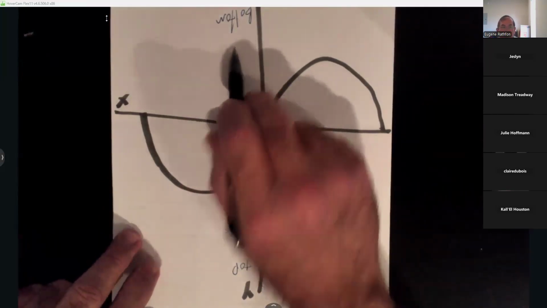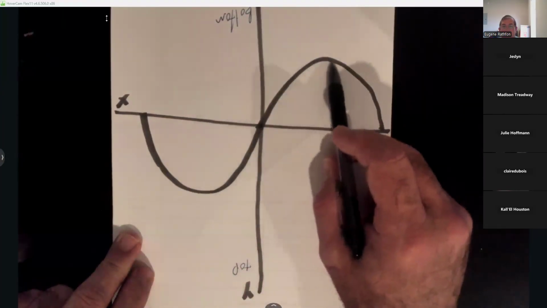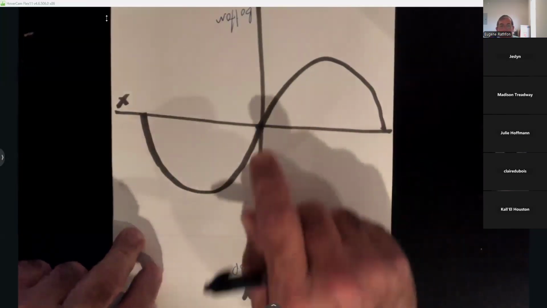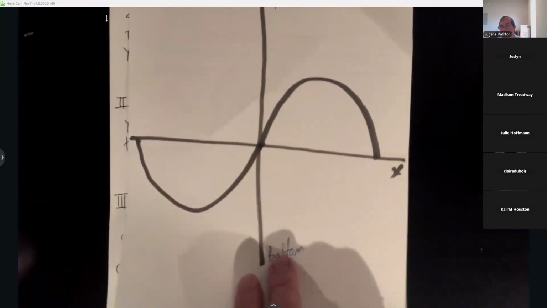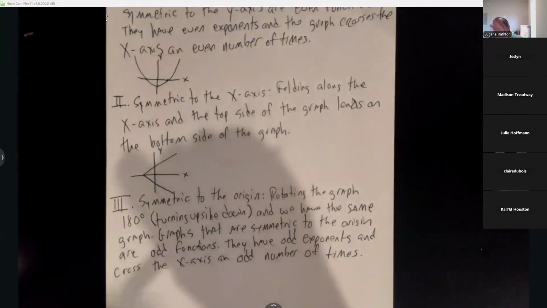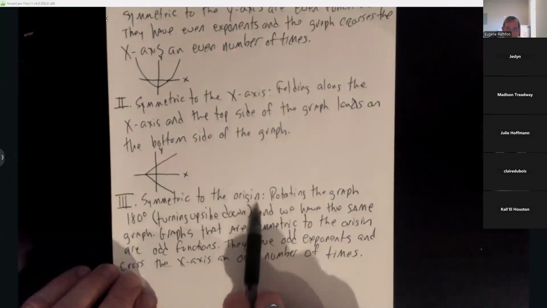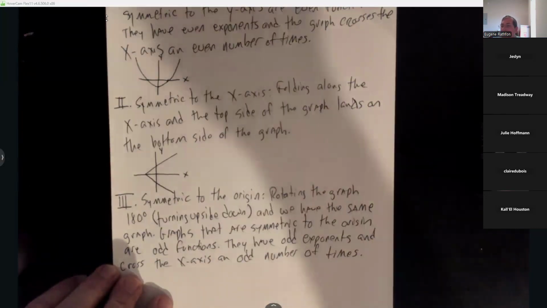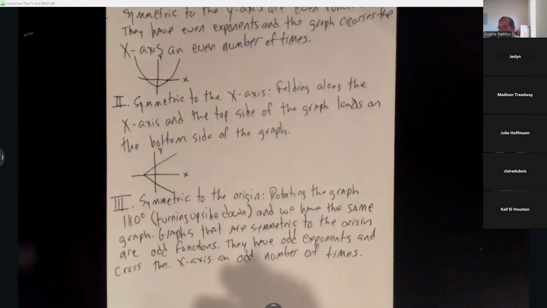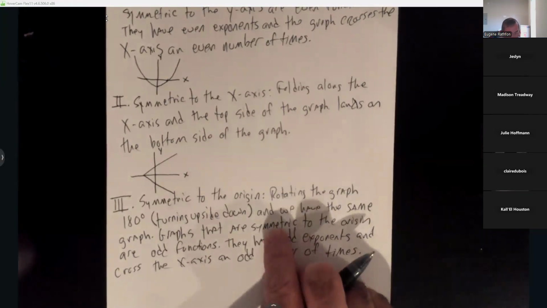Well, here was the bottom of the graph, but look, it still comes down, goes uphill, and then goes downhill. The picture looks the same that way as it did the original way. So when you can rotate it 180 degrees and you got the same picture, it's symmetric to the origin, okay? So that'd be like them cube graphs or x to the fifth, x to the seventh. Anything odd like that is going to give us the symmetric to the origin, okay?